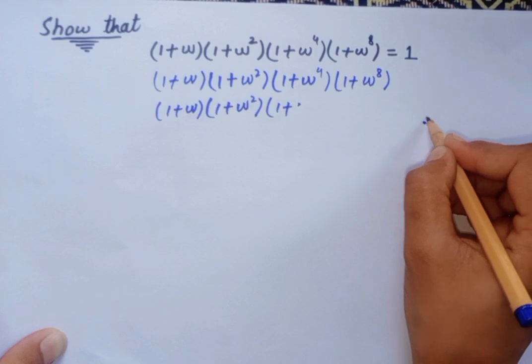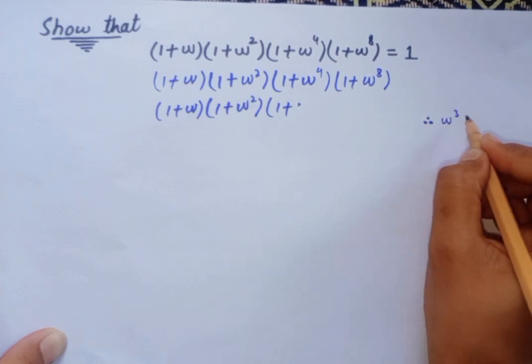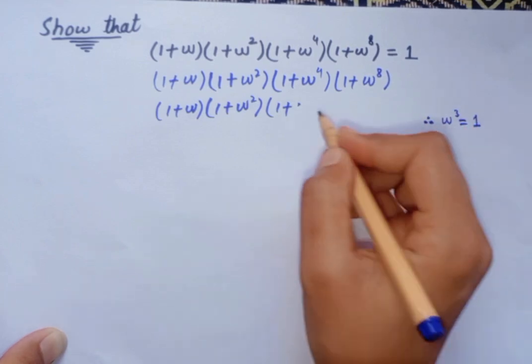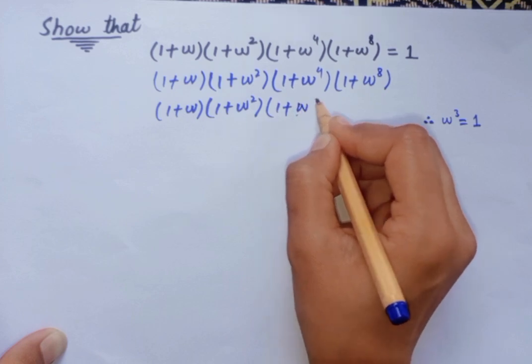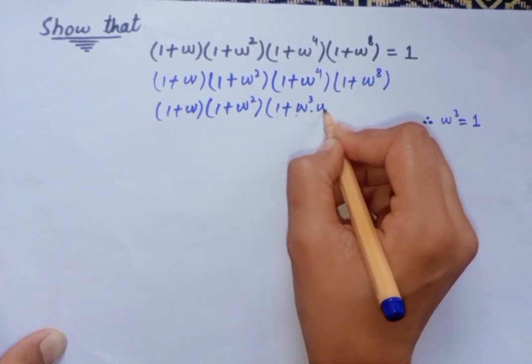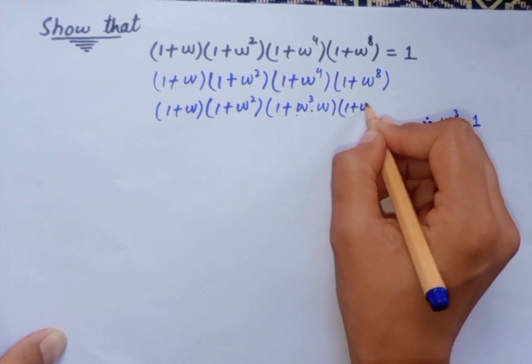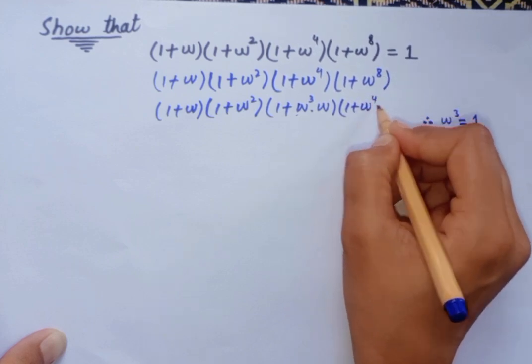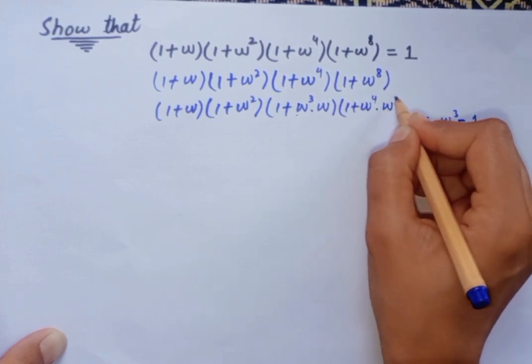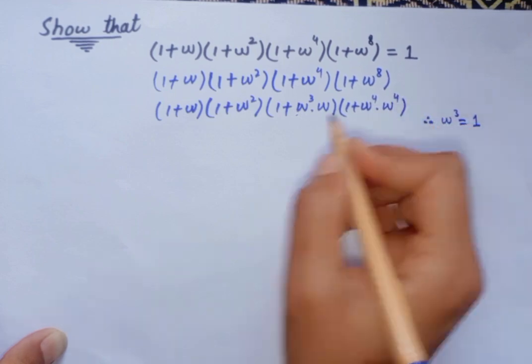We know that ω³ is equal to 1. Now ω⁴ splits into ω³ into ω, and ω⁸ splits into ω⁴ into ω⁴.